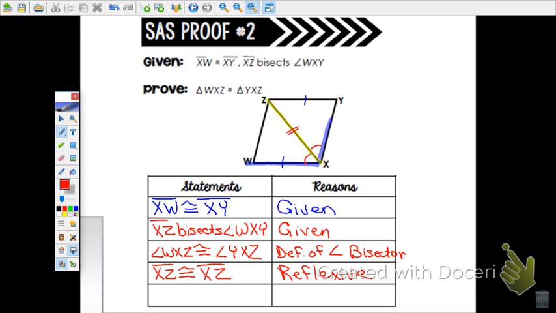I have side, angle, side. So I can write my proof statement. Triangle WXZ is congruent to triangle YXZ, and that is side, angle, side.